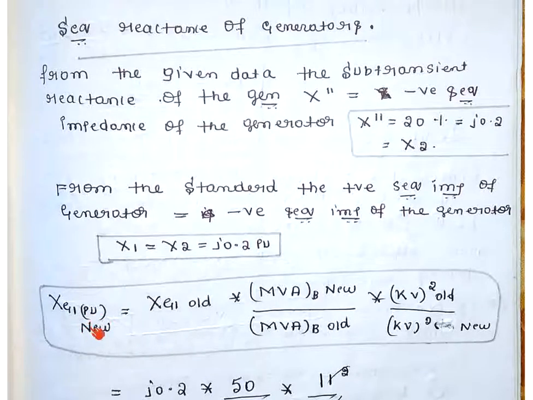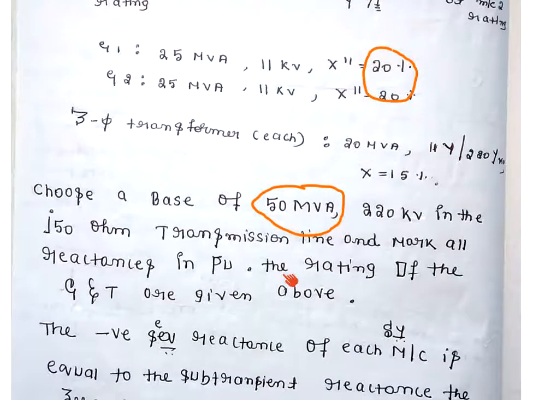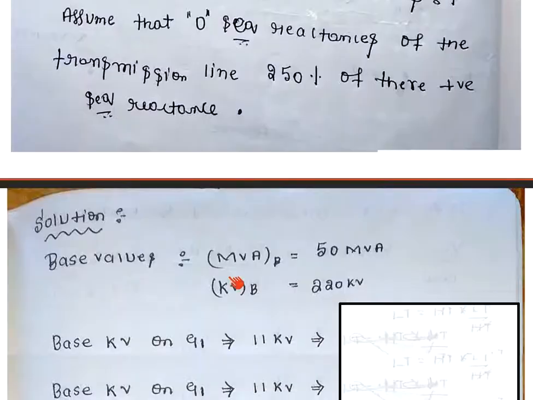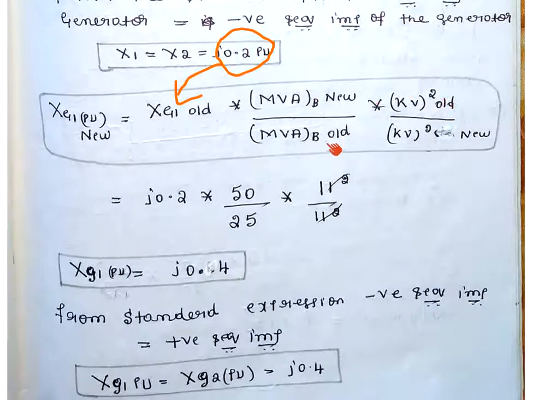Now how will we find the new value? With the formula Xg1 new equals Xg1 old, this is my old value, so I need to put it here. What is the new base MVA? The new base MVA is 50 MVA. And what is the old base given in the question? For generator 1, it is 25 MVA. So the old is 25 and the new is 50.